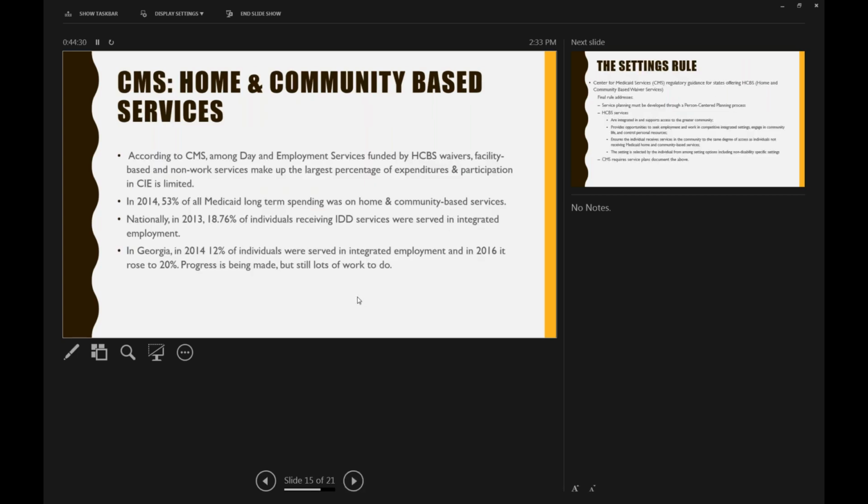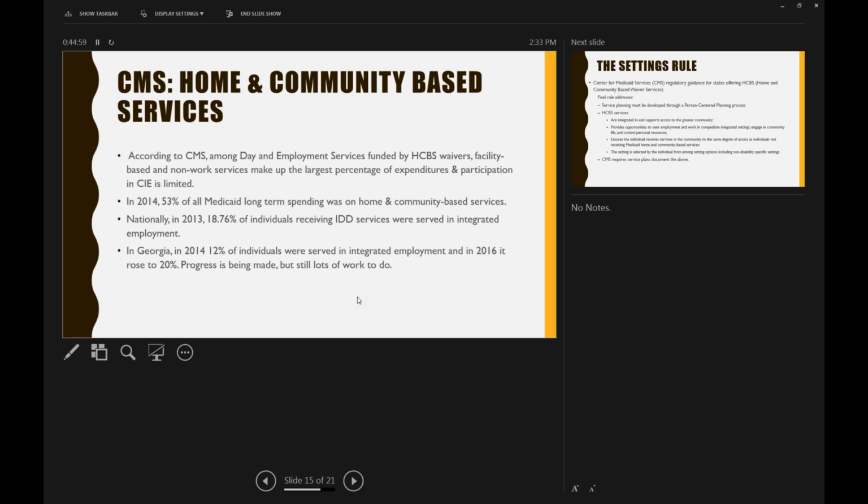All right, now everyone's, I'm sure, at least heard about the Center for Medicaid Services Home and Community-Based Services settings rule. So in Georgia, we have two entities that primarily fund employment services. One is the Georgia Vocational Rehabilitation Agency, and the other is the Department of Behavioral Health and Developmental Disabilities.